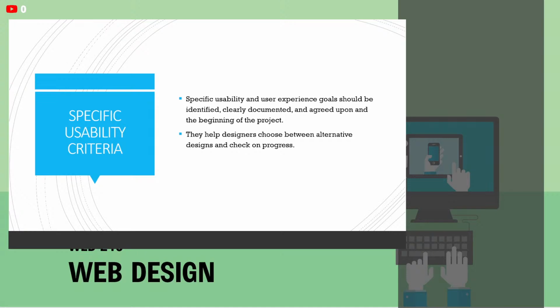Right? So this helps you choose between alternative designs and choose between different processes and really check on your progress to see if you're meeting your goals, right? Because if you have something where it's hitting the wall against your specific usability criteria, then you might want to rethink the way that you're designing things.